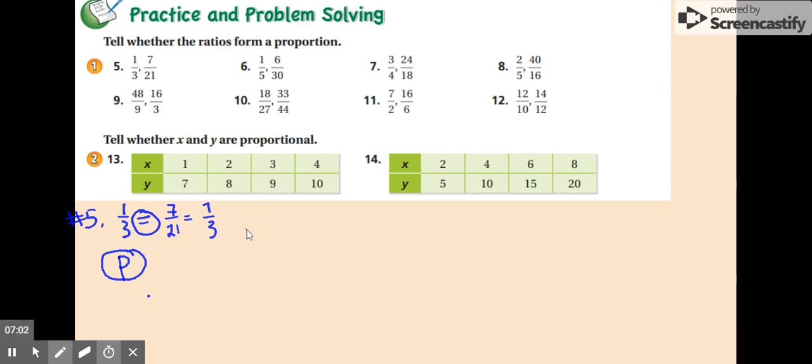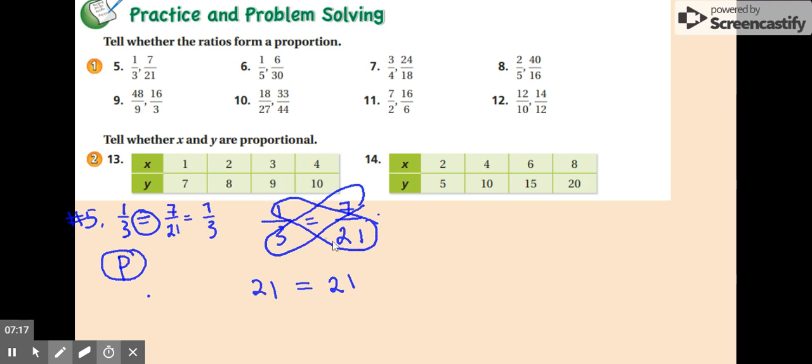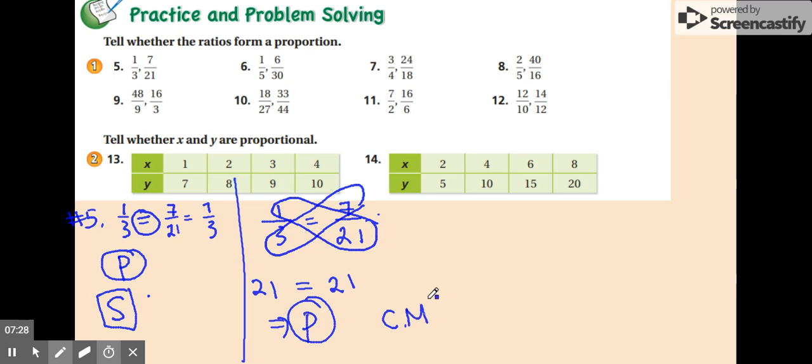But if you use the cross multiplication method, you may just multiply these two, which is 21, and these two, 1 times 21. If the products are equal, then you may just say, oh, it's a proportion. You don't need to simplify it. So we have two strategies: simplify, and you may do cross multiplication. Choose either way. That's fine. You don't need to do both, okay?